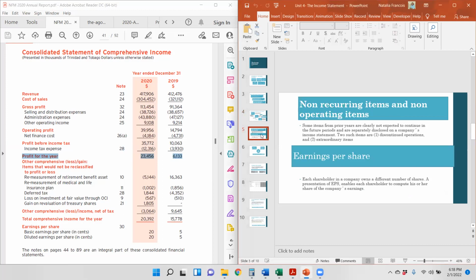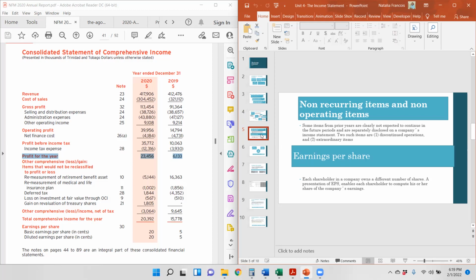Then we have these non-recurring items and non-operating items. I'm just mentioning it here so that you would understand why it's here. But when we're analyzing, we are only interested in the profit for the year. The reason these non-recurring items come after profit for the year is that, going through the IFRS principles, the company has to tell us how they got other income.